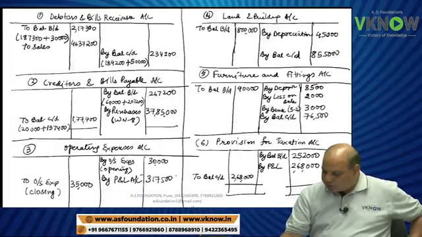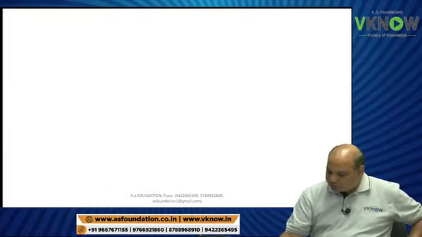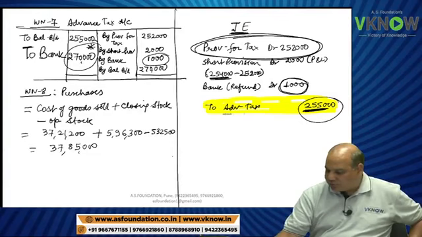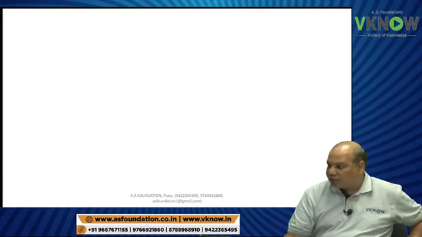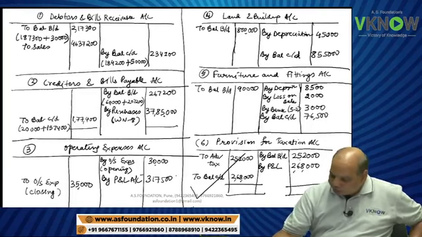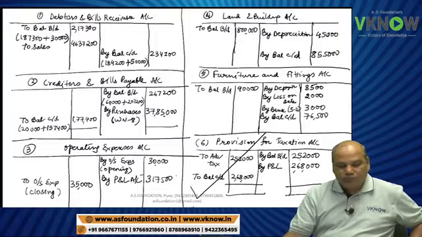And come to the provision for taxation account. On the screen, provision for taxation account debit 2,52,000, and on the credit side you've written to advance tax. So you will present in the ledger like this: to advance tax 2,52,000. So this account is closed.